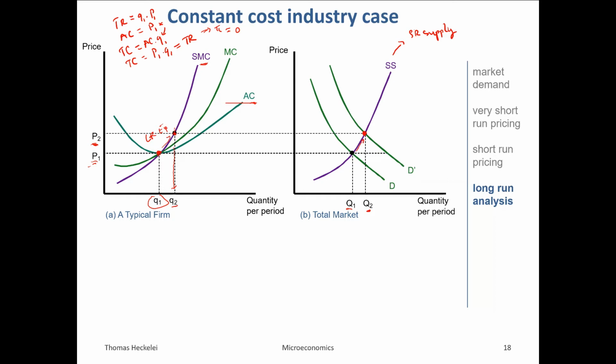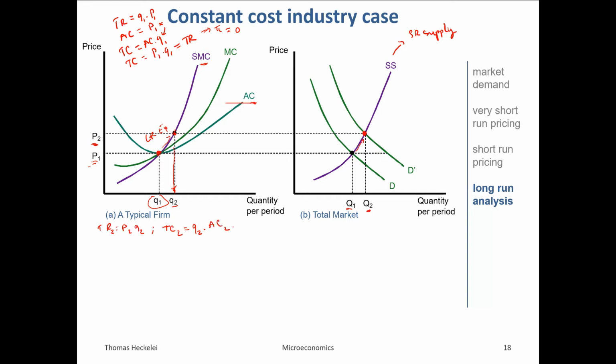Why? Because now at this quantity, your revenue is P2 times Q2, right? Let's denote it as TR2. But your cost is TC2, equal to Q2 times AC2.